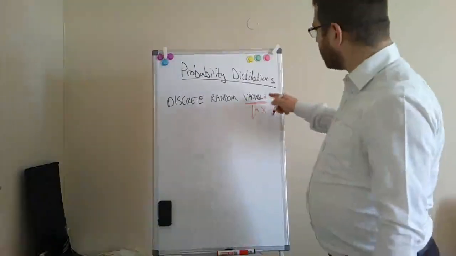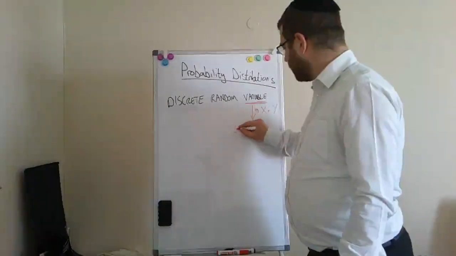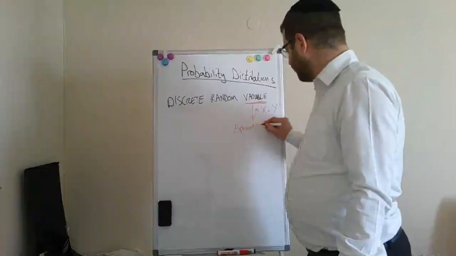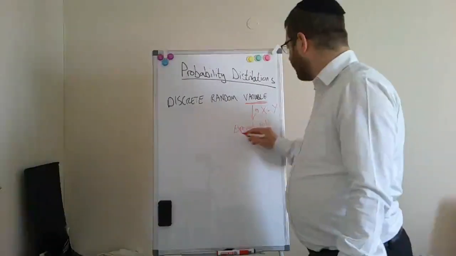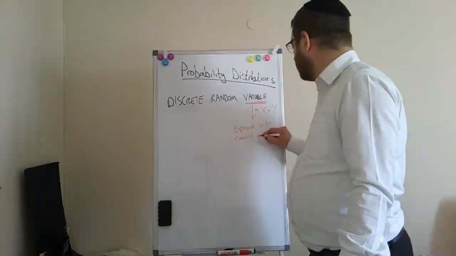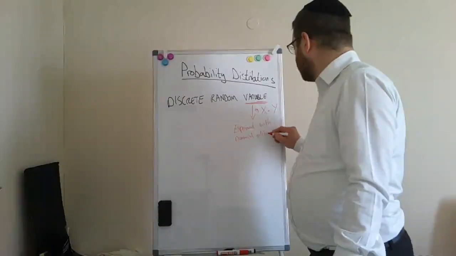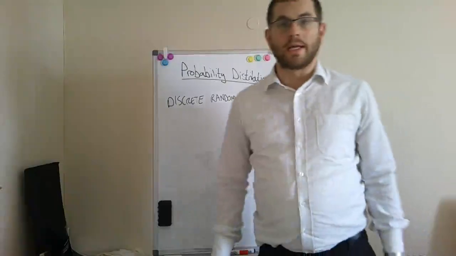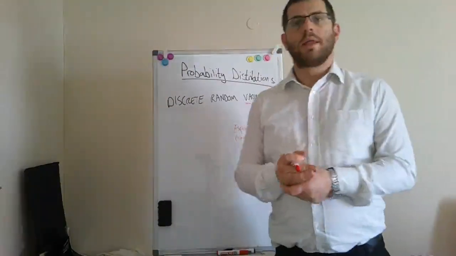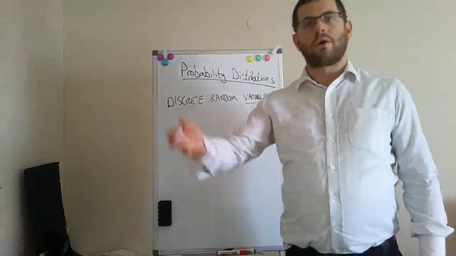But on a most basic level, a variable, you should write this down, is an experiment with numerical outcomes. So the variable is the physical activity that you are doing that will generate numerical outcomes.